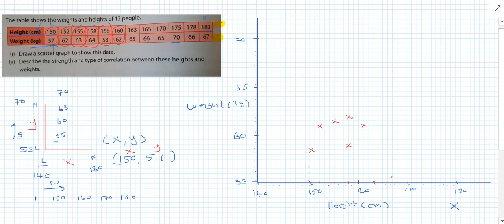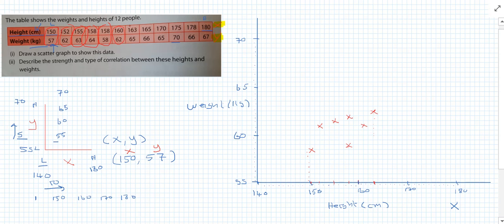So 163. So here's 163. And then you have to go up to 65. So 60 is about here. So then 1, 2, 3, 4, 5 is about here. Okay, so that's that one.